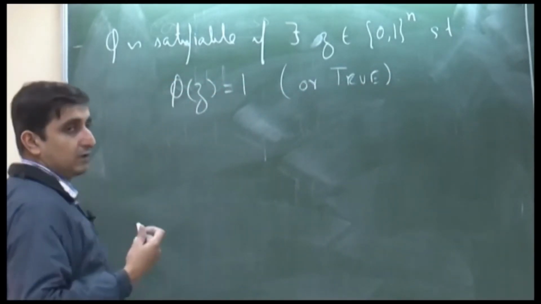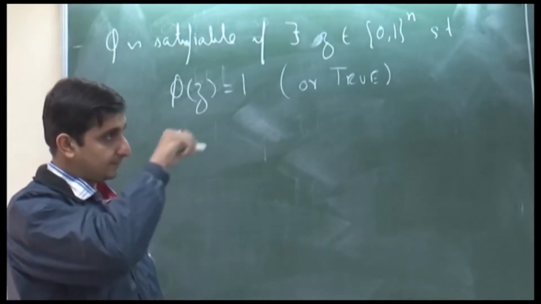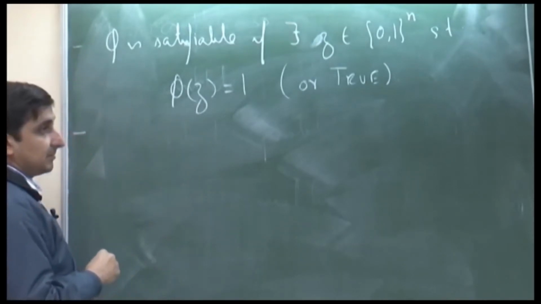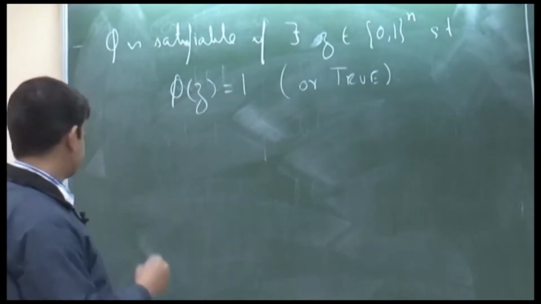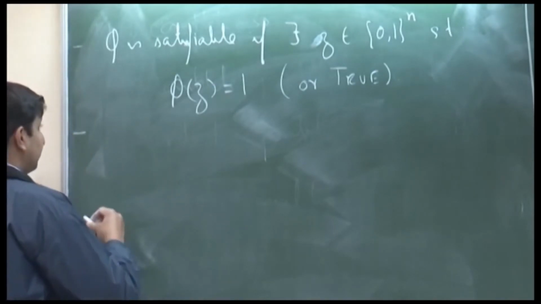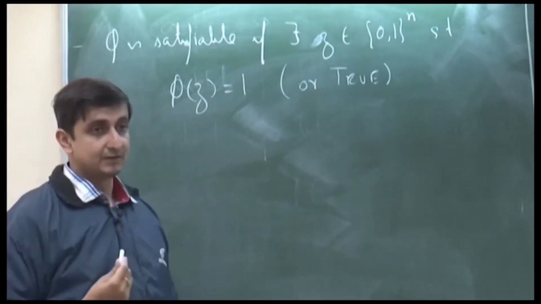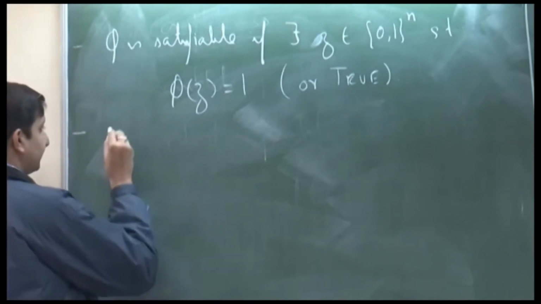There is a special kind of Boolean formula that we will focus on for the purpose of proving this theorem, that is formulas known as CNF formulas, in conjunctive normal form.